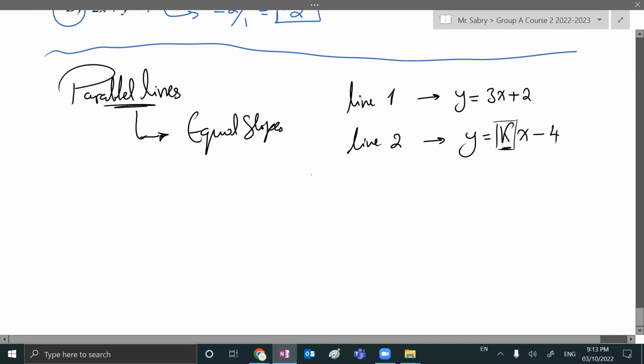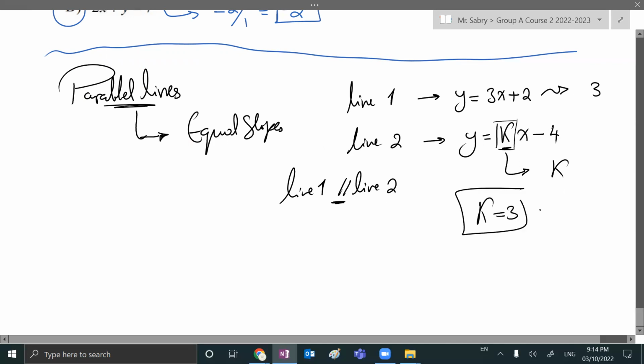I told you that line 1 is parallel to line 2. So as soon as I saw the word parallel, I realized that they must have equal slopes. So I get the slope of the first one, which is 3, and I must have it equal to the slope of the second one, which is k. So k must be equal to 3. They're equal to each other.